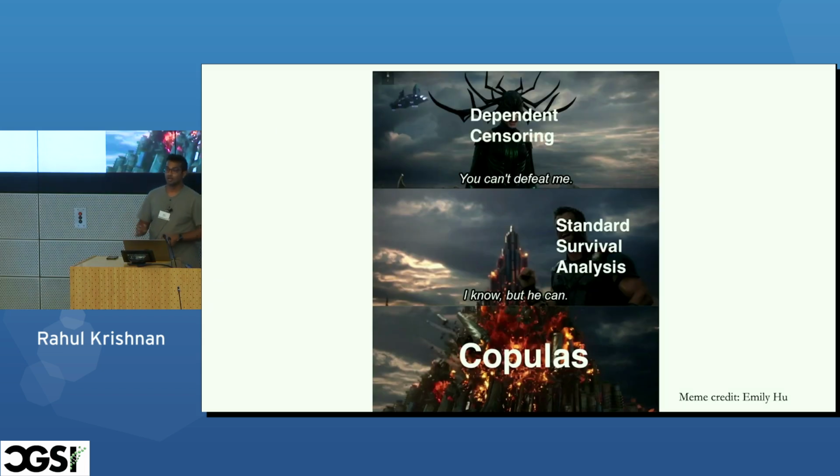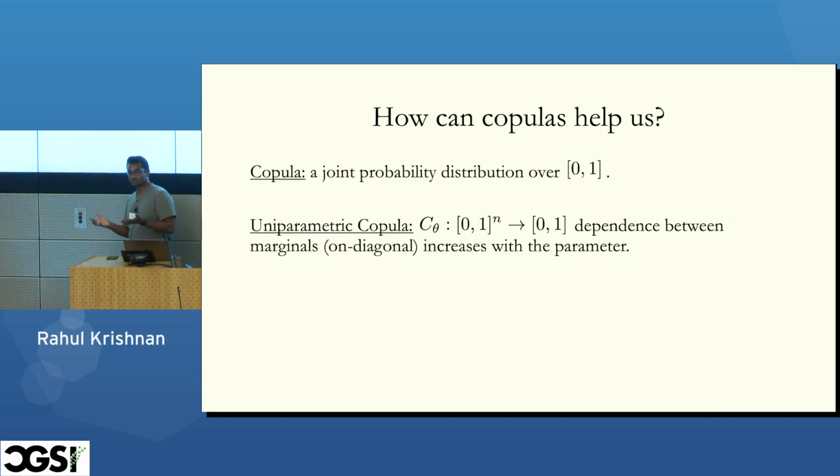And so I put this meme up, which my student generated as a motivating tool for how to think about why copulas might be a potential solution to this. And so copulas are a probabilistic tool that represent a joint distribution over the unit interval. But you should think of them as essentially a function that has a parameter that allows you to model the dependence between two marginal distributions.